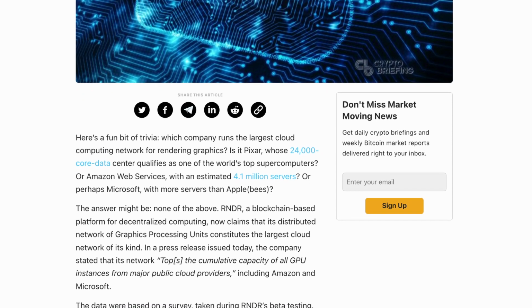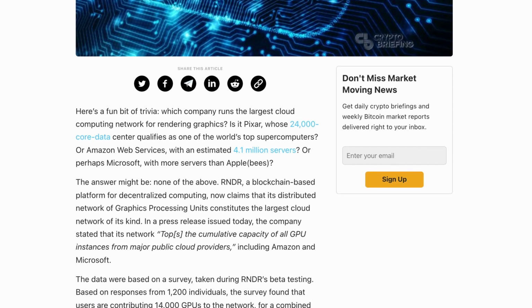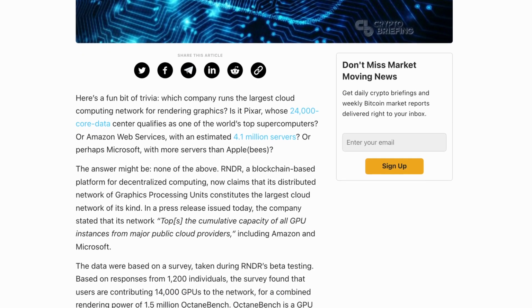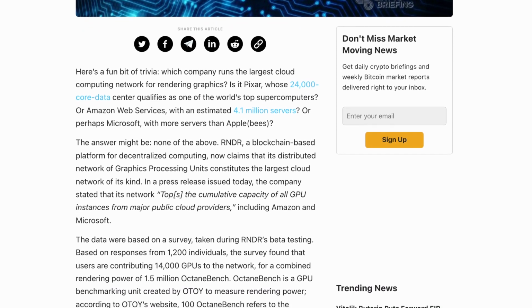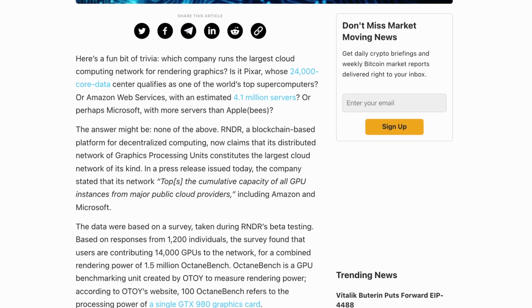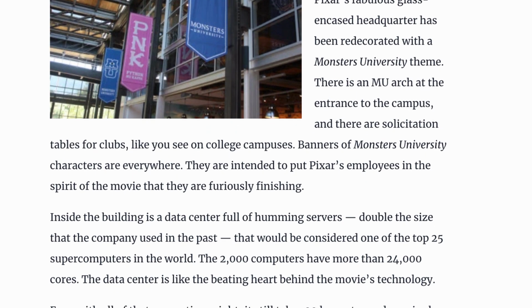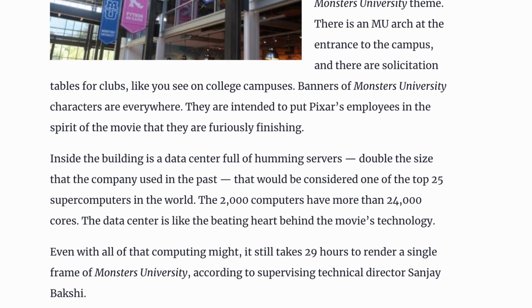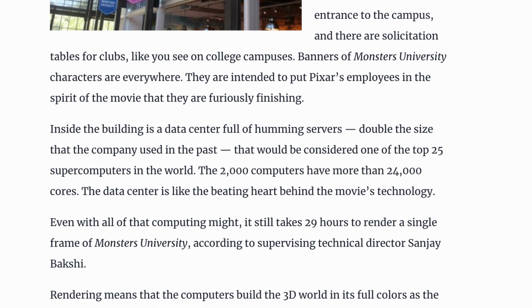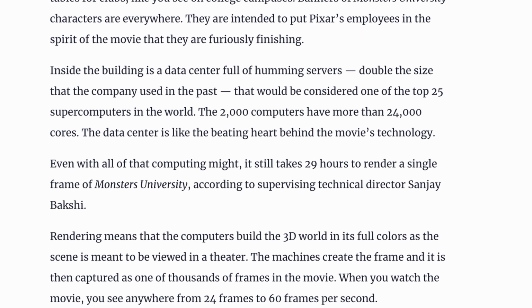Consider that at the time, Amazon Web Services provided a GPU rental service charged at 60 cents an hour and offered only 37 OBs. As a reference, let's also take into account that a top company like Pixar a few years ago commented that it uses a data center that is like a supercomputer with a total of more than 24,000 cores. And only in the beta test, Render managed to unite 40,000 graphic processing units.